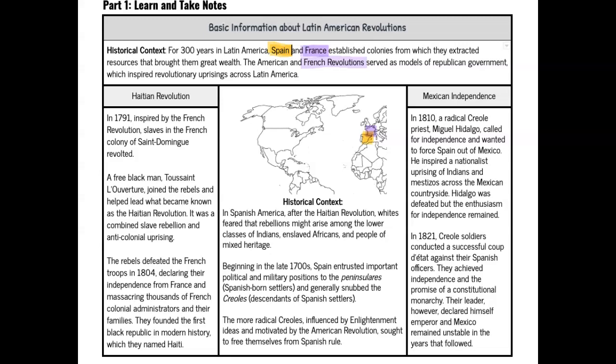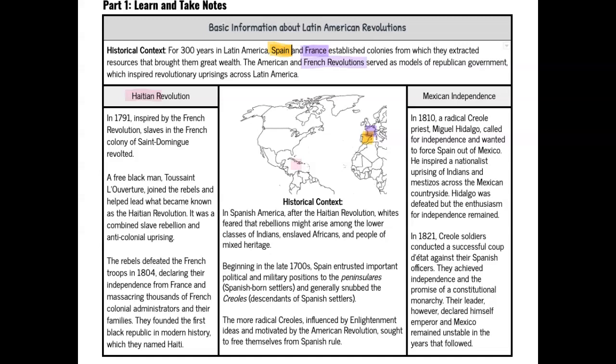So another place we're going to look at is Haiti. On this side of the paper you'll see Haitian Revolution. So highlight Haiti. Now, Haiti is part of an island that's known as Hispaniola. It's in the Caribbean. If you look right above where my highlighter is, you're going to see this half of the island, and this half is Haiti. The other half is the Dominican Republic.